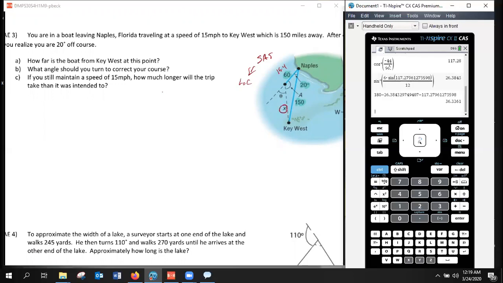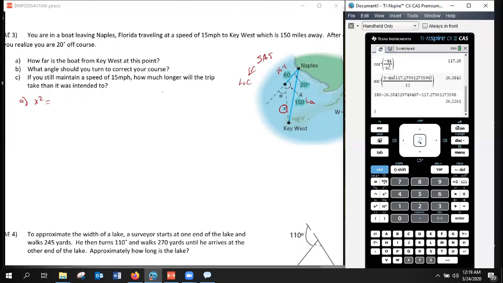Our goal is to find x squared. We could label the sides A, B, and C to identify things, which can be helpful.